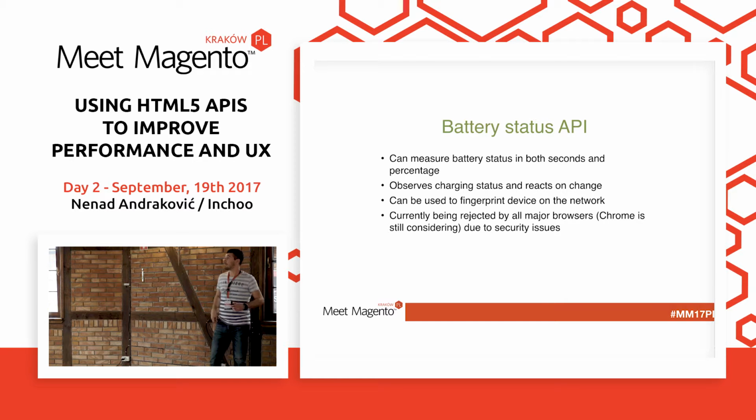Why are they rejecting it? Not because of Uber. It has a few other issues. If you can measure the battery status in both seconds and percentage, you can basically fingerprint the device on the network. You can track it. The problem is this. You're on your laptop. Your main browser is Chrome, so you open Chrome, you do your regular job, whatever, you're at work.